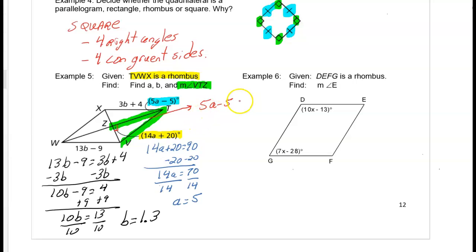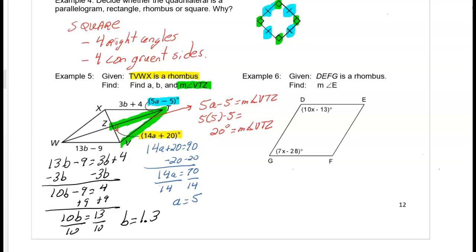So in order to find the measure of angle VTZ, I need to plug in 5 for A. So when I do that math, I get 20 degrees. So the measure of angle VTZ is 20 degrees. Let's take a look at example number 6.